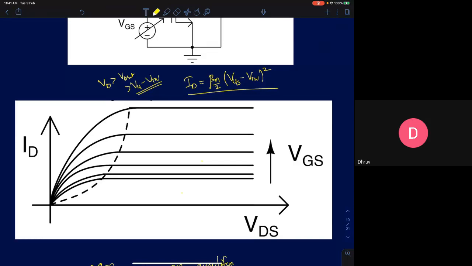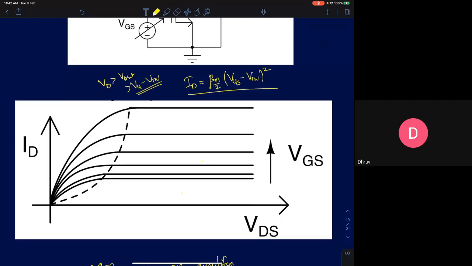Decades of research has gone into it to capture a very accurate model for a MOSFET, which will closely match the measured results. So you are going to fabricate a chip and measure the IV characteristic that should match with your mathematical equations. Decades of work has gone into it.